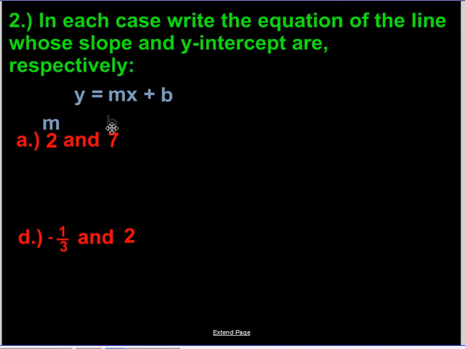Since y-intercept was mentioned second, this is going to be our y-intercept. And if we pull this down, we can insert these right into the equation.